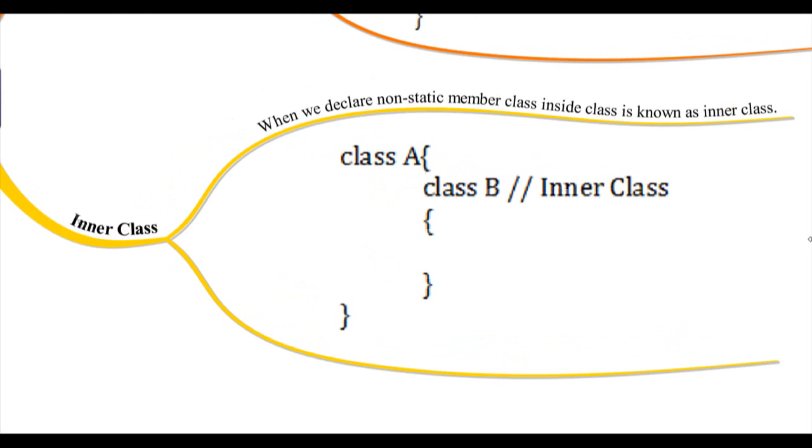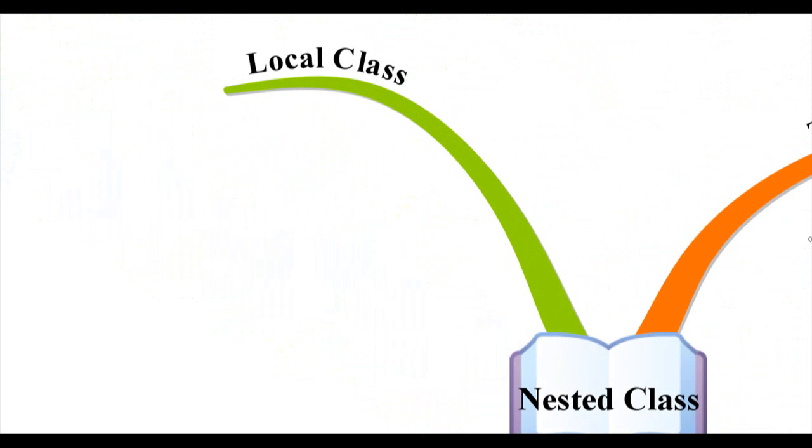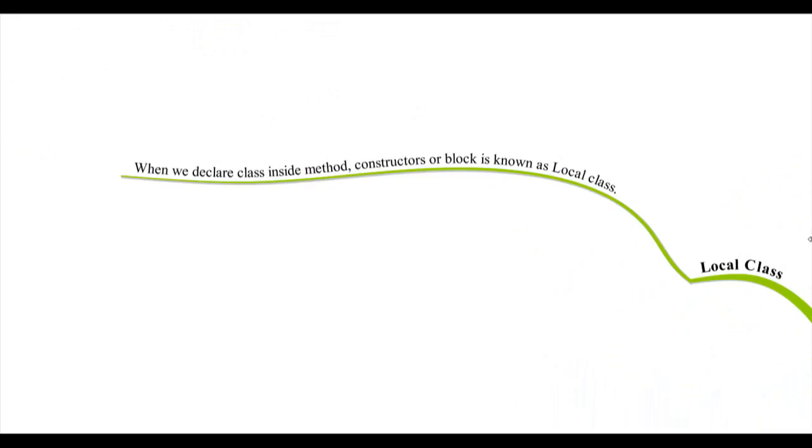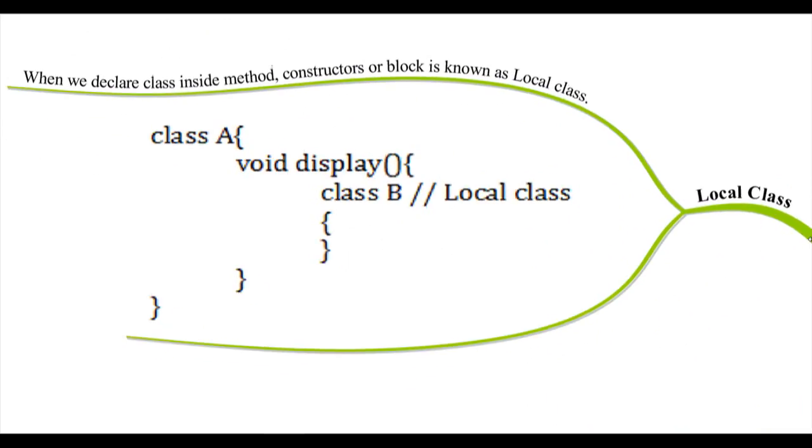The third variety of the nested class is the local class. Just like we declare a variable inside a method, we can declare a class inside a method, constructor or any block, and that is known as a local class. This is the example.